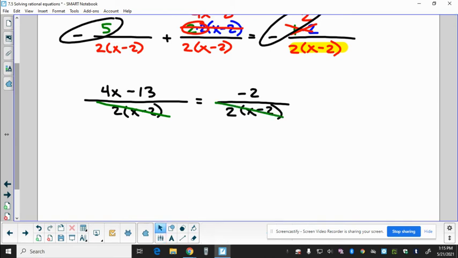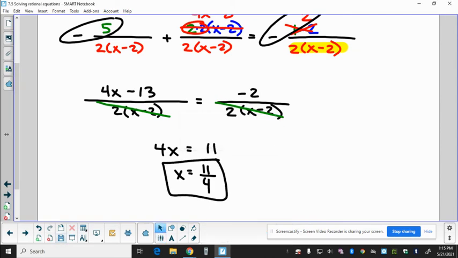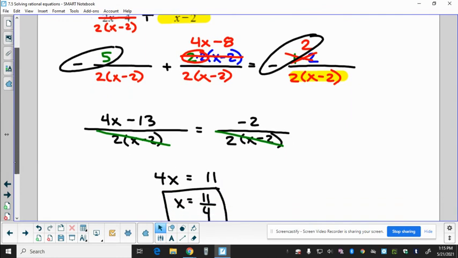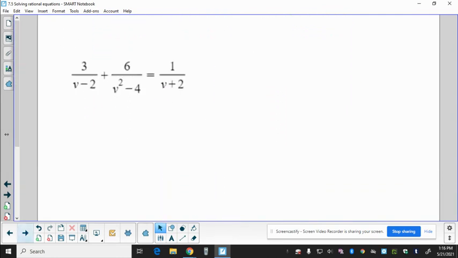Let's solve our equation. So if I add 13 to both sides, divide by 4, I guess 11/4 is that answer. And see the whole progress through here. Let's go on to the next question.